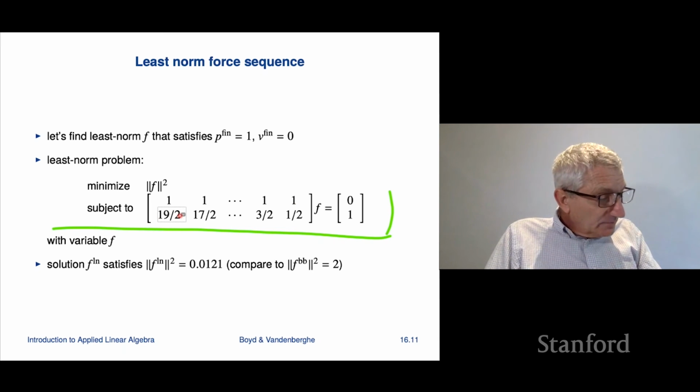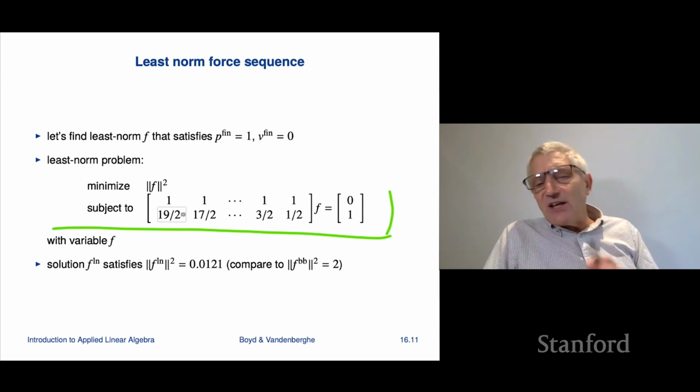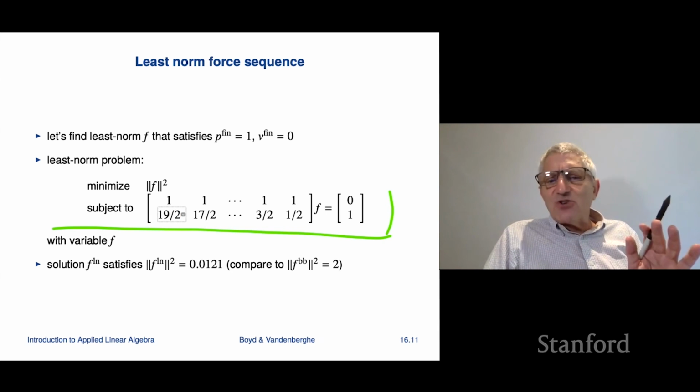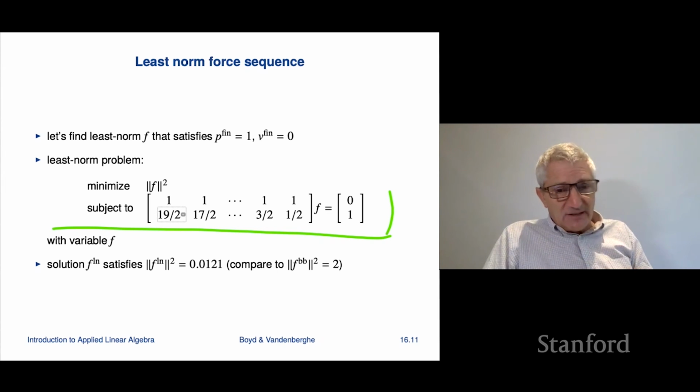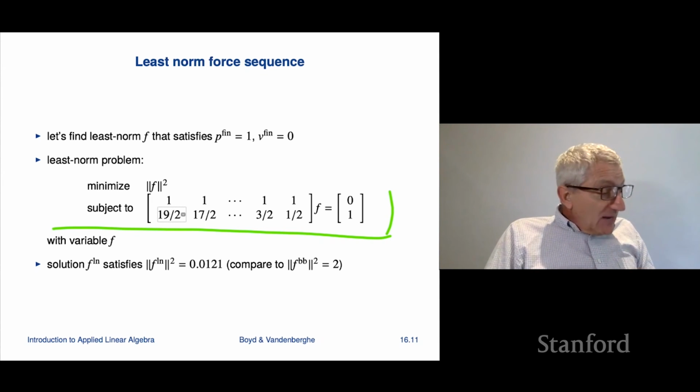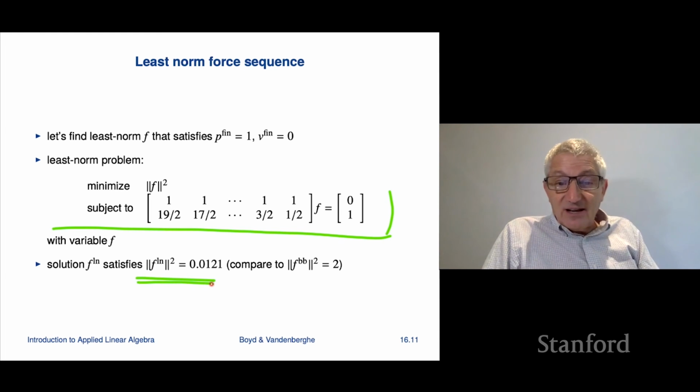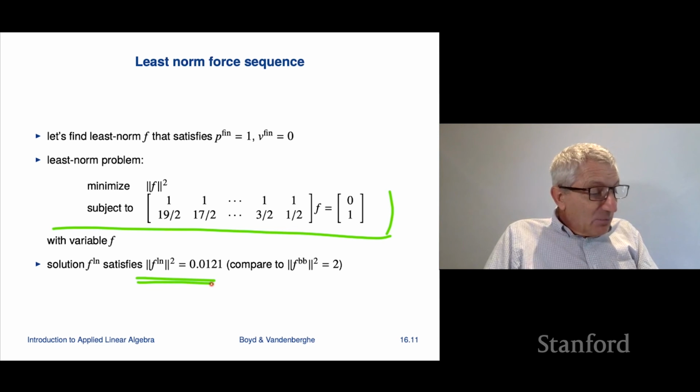Okay. Now, it turns out you can work it out analytically, but there's no reason to do that. You just use the methods we're going to talk about later, and you can do it numerically. But here's what happens. You end up with a norm squared of the solution of 0.0121.